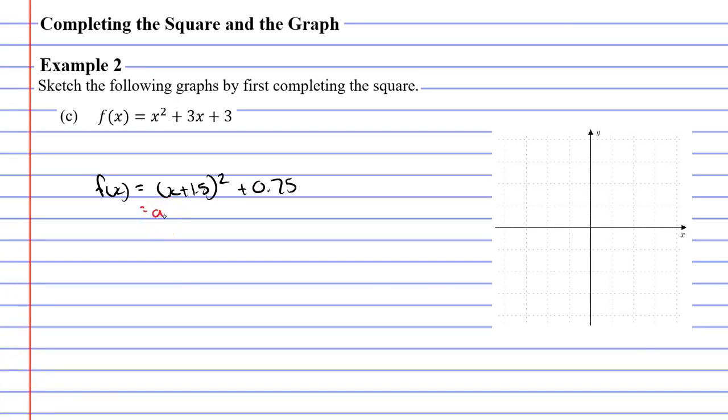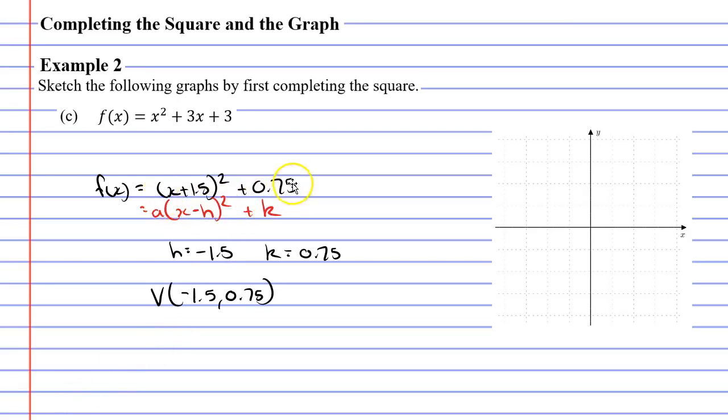This function is in the form a x minus h squared plus k, meaning that h will equal negative 1.5 because x minus negative 1.5 is the same as x plus 1.5, and k will equal positive 0.75. So we now have our vertex taken from the h and k values, which will be negative 1.5, 0.75. Let's also find our x-intercepts.